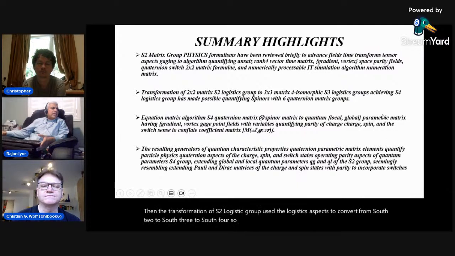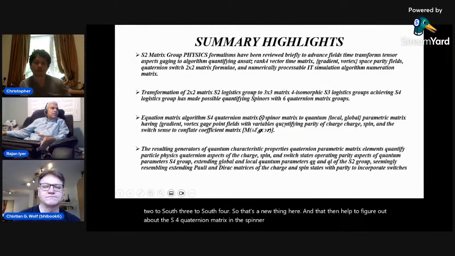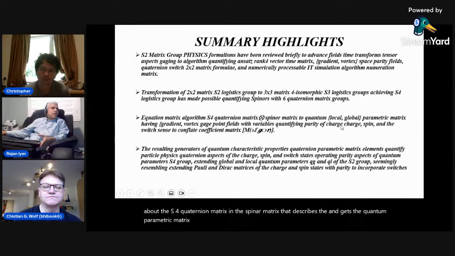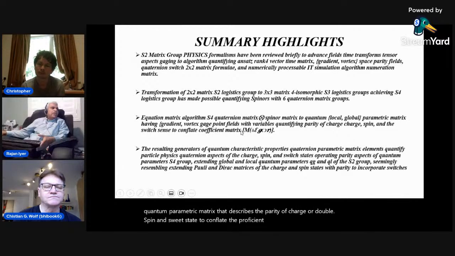That's a new thing here. That then helped to figure out the S4 quaternion matrix and the spinor matrix, which gets the quantum parametric matrix that describes the parity of charge or spin and switch state to conflate the coefficient matrix, which consists of all the field aspects.